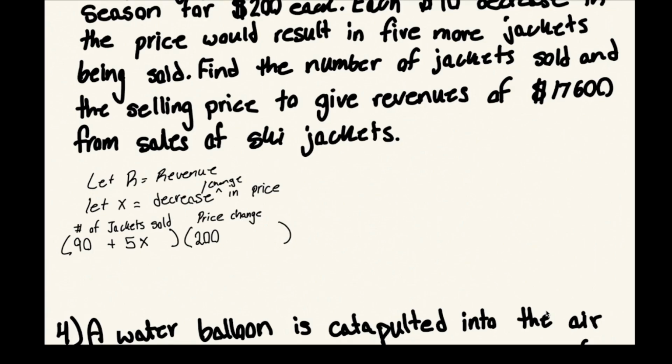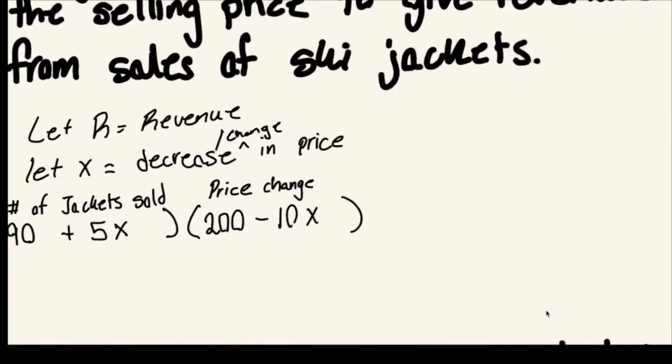Because for every $10 decrease, they get 5 more jackets. So remember, in the price change, if it goes minus $10, we have to add the x again, because it depends how many times you decrease the price, right?